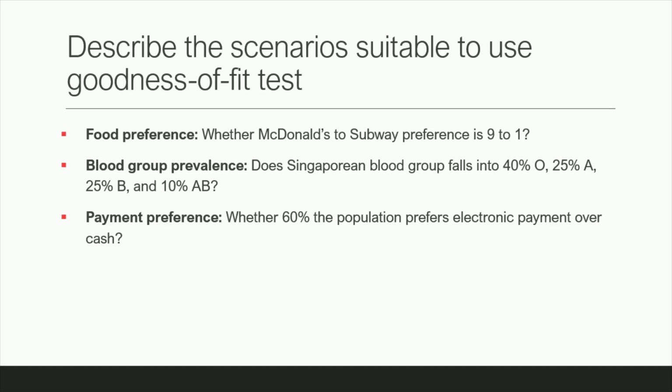In blood group prevalence, a blood bank will want to know whether Singaporean blood group falls into 40% O blood, 25% A blood, 25% B blood, 10% AB blood. In payment preference, whether 60% of the population prefers electronic payment over cash. That is 40% prefer cash payment and 60% prefer electronic payment. So you can imagine, the usage for chi-square test is extensive.